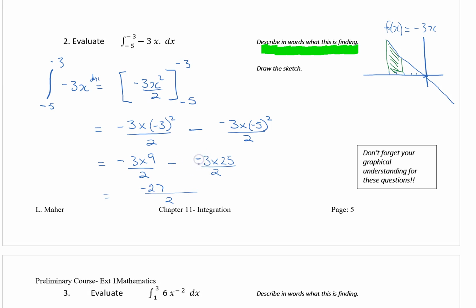And we've got a negative and a negative, which is a positive. 75, which is 48. 48 on 2. And 48 on 2 is 24 units squared. So this area, the shaded area under there, would be 24 units squared.